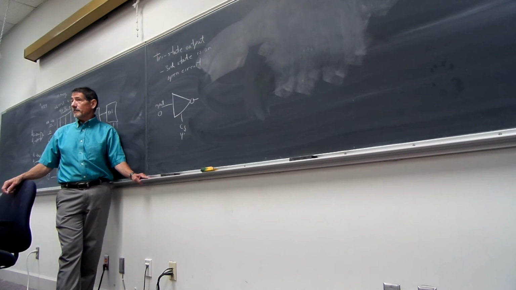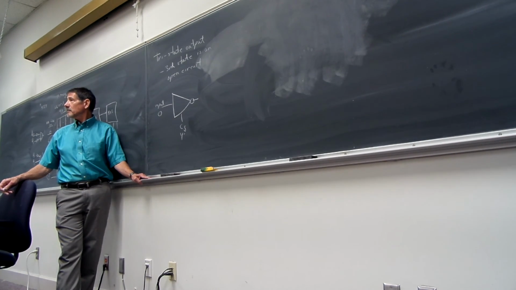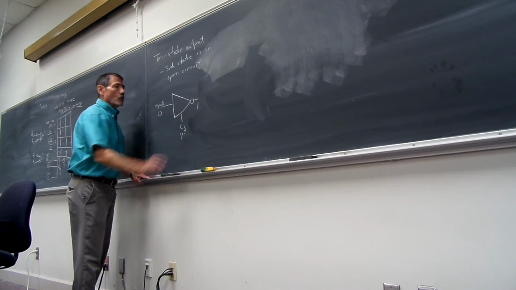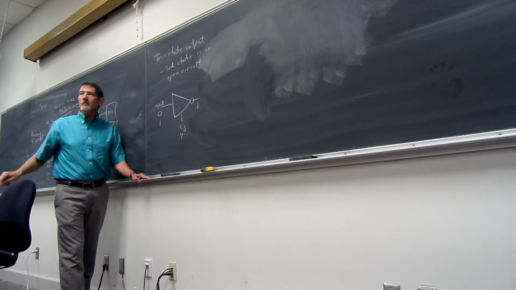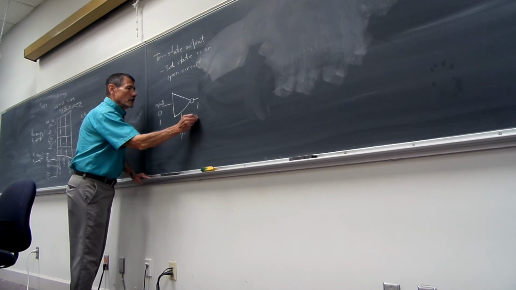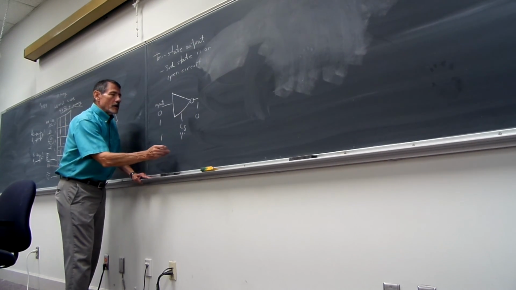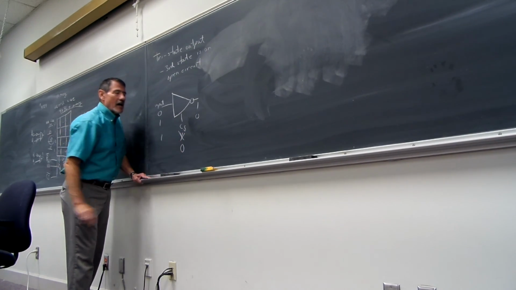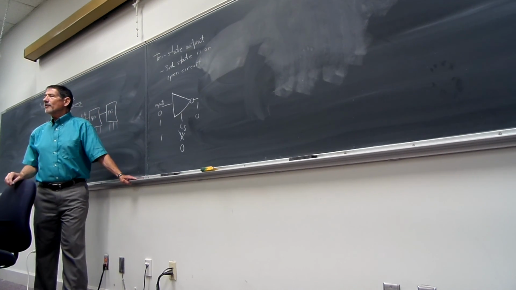A 1? It's a not gate, correct? Okay. 0 in, 1. If I put a 1 in, what do you suppose I ought to get out? 0. That sounds cool. Now I'm going to put a 1 in, but I'm going to take this guy and put a 0 there.